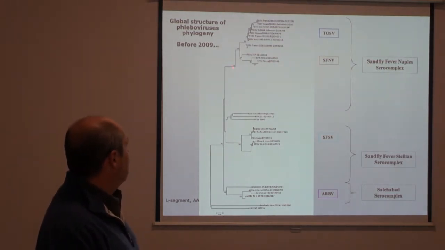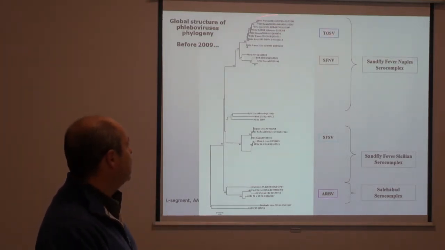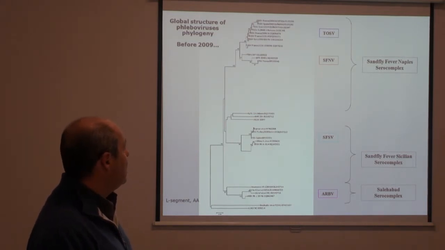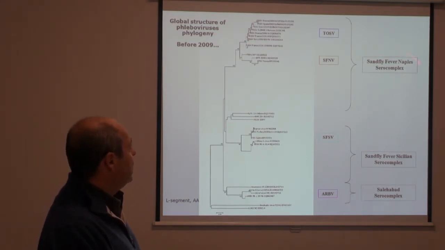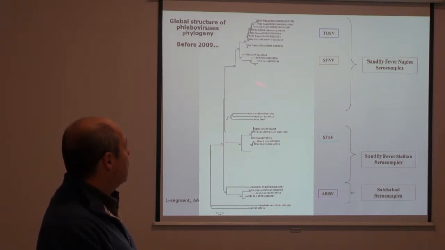So if we go back to 2009 and look at the sequence data that were available for phylogeny, the phylogeny was quite simple with 3 different serocomplexes or species. This one groups the Naples viruses and Toscana viruses.